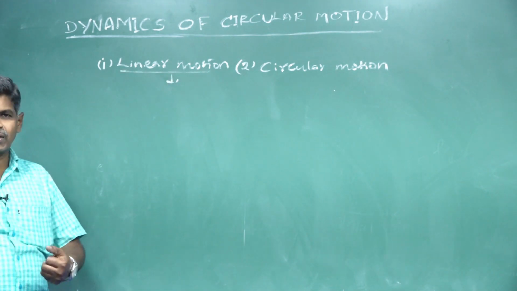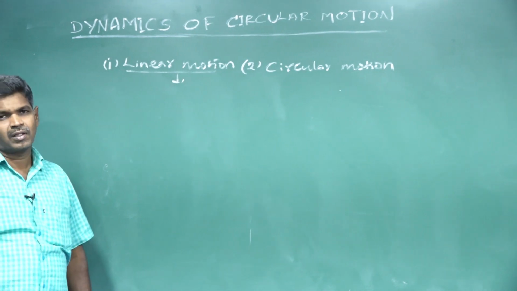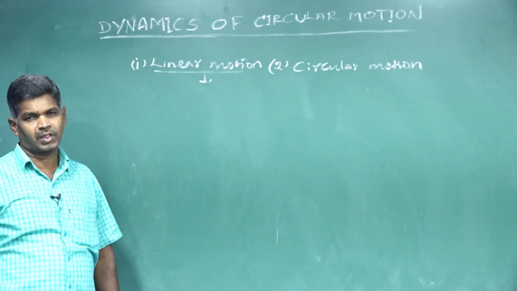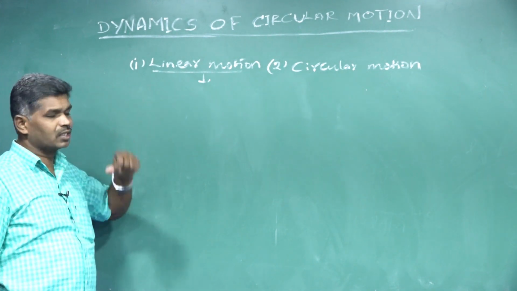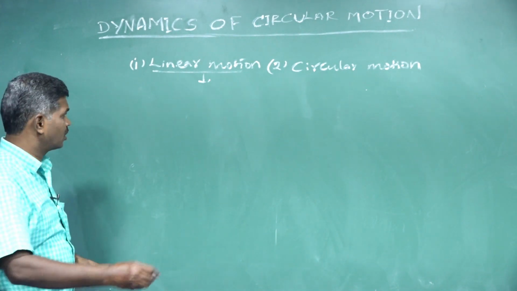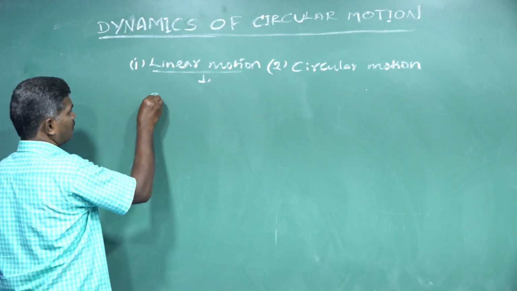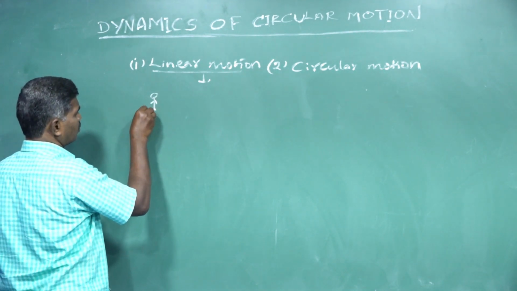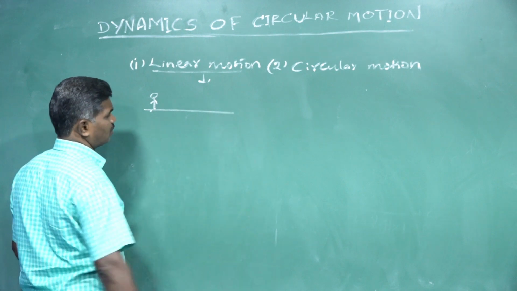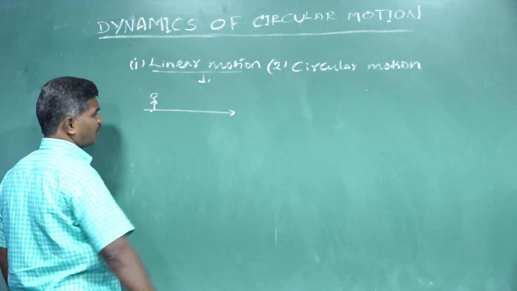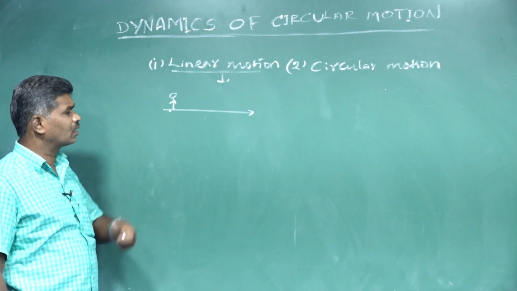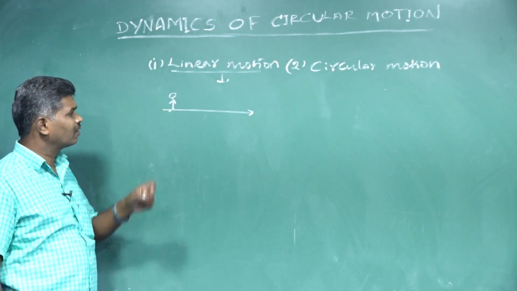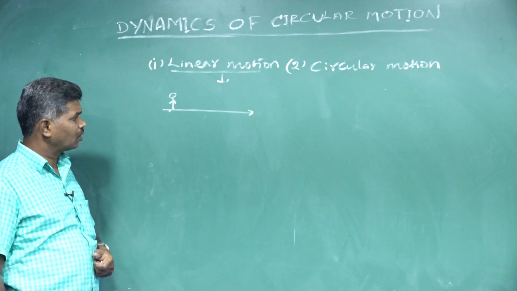If any object moves in a straight line, that is called a linear motion. Example, one man going to walk or run along a straight path. The motion is called a linear motion.